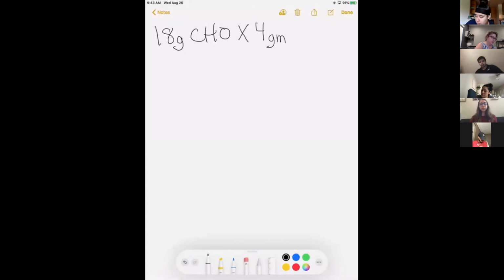That should give us our total. The grams cancel out, so it leaves us in kcals. I take 18 times 4, and that gives me 72 kcals.